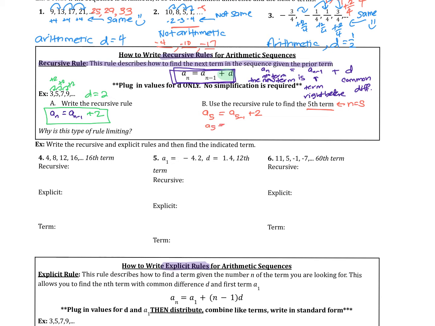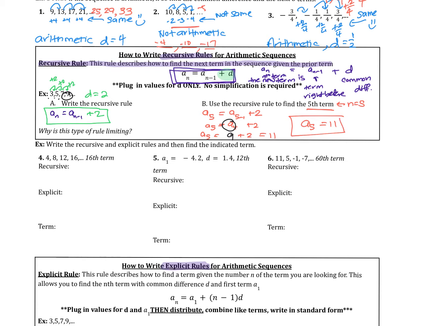A sub 5 equals a sub 4 plus 2. But what was a sub 4? A sub 4 is the 1, 2, 3, 4th term, which is 9. So a sub 5 is 9 plus 2, which is going to give us 11. So I can say that the fifth term is 11. That's what this notation means.